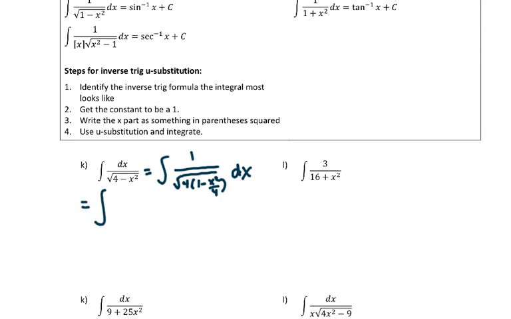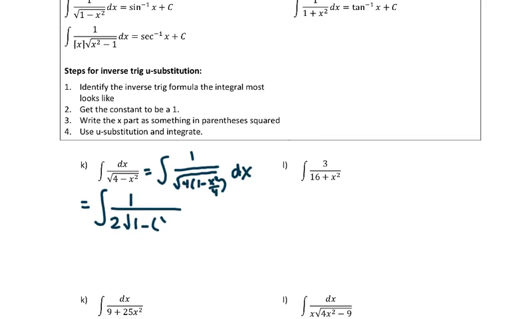Okay, so then that 4 we're finally going to pull out of the square root, so it's going to become a 2. And then I'm left with 1 minus, and then I want to think of that x squared over 4 as something being squared altogether.